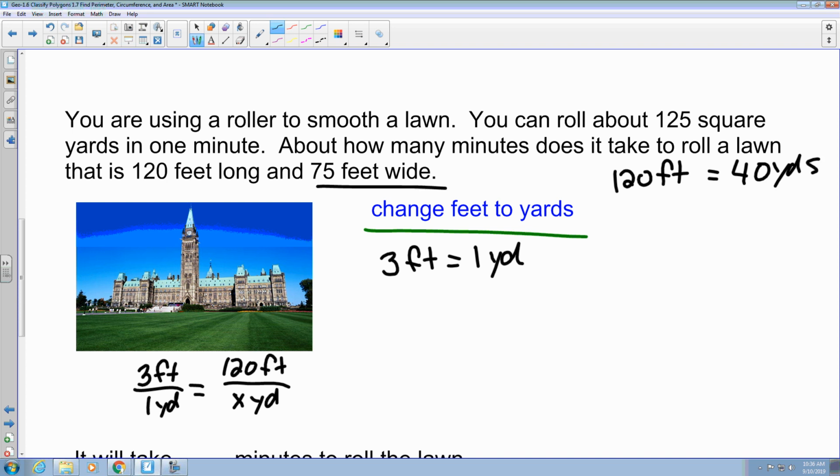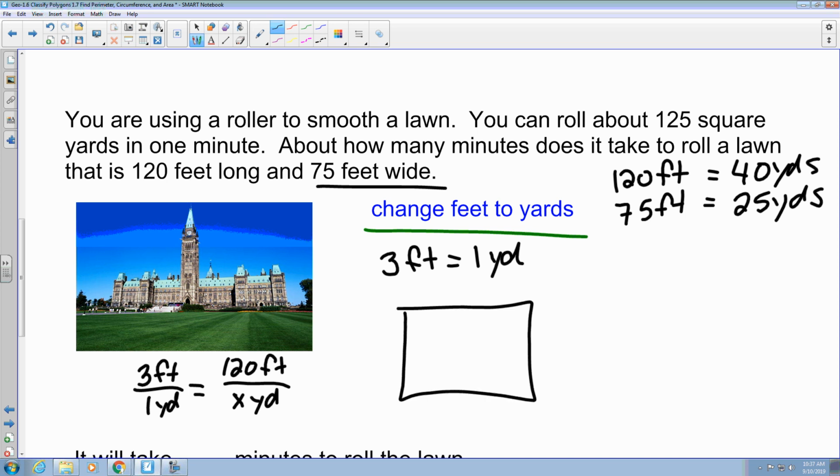And then 75, you just divide that by 3, and 75 feet equals 25 yards. Okay, so now that I have everything in one unit of measure, I have 40 yards by 25 yards.